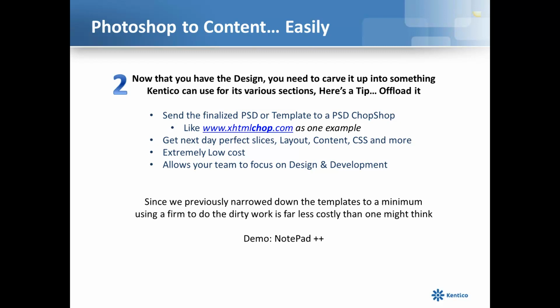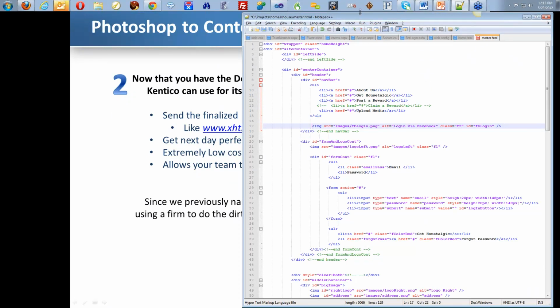So once you got that content back, we've basically narrowed down the templates to a minimum using the first step, and then we used a chop shop to do kind of our dirty work to break apart the site into manageable pieces that we want to use in Kentico. It's far less costly. Typically, when they send back the content, it looks like straight HTML.